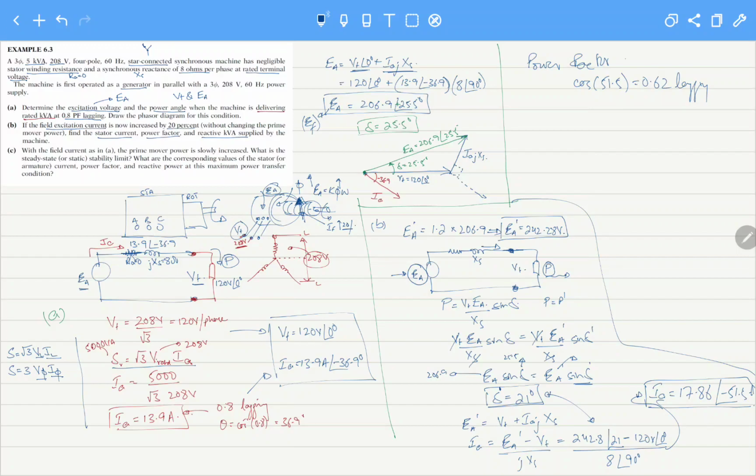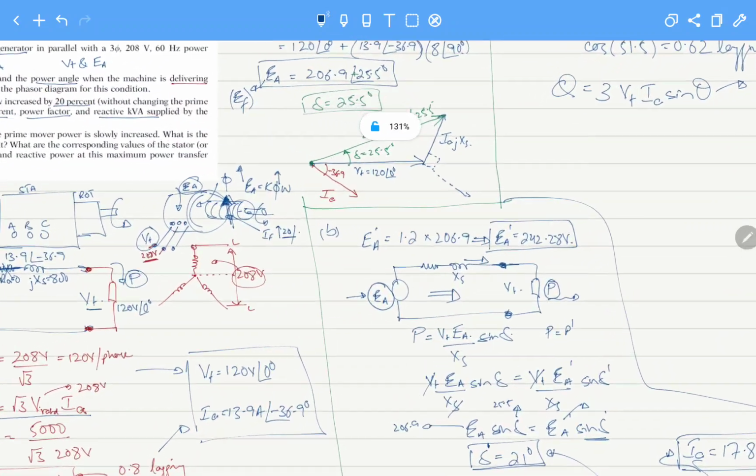Now to calculate the reactive power output from the machine, how much reactive power is being supplied by our generator, we can calculate the total reactive power as Q equals 3 times, for the per phase equivalent circuit, Vt Ia sine theta, where theta is the angle between Vt and Ia.